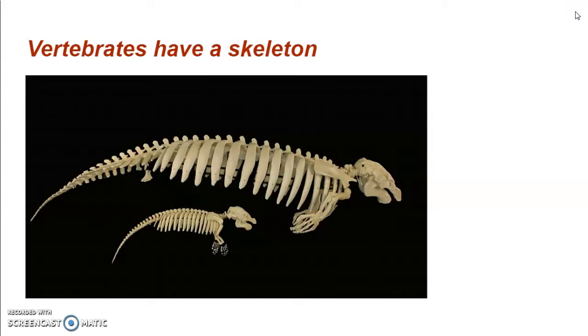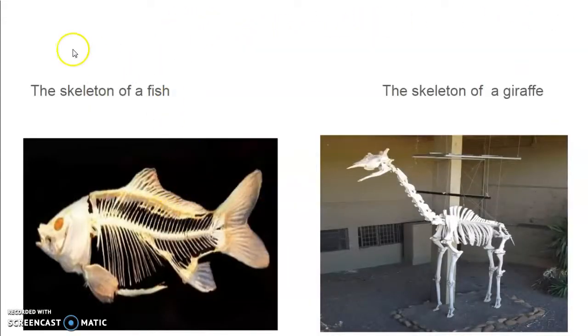These are some examples of vertebrates. This is a dinosaur. It has a skeleton. This is the skeleton of a fish. This is the skeleton of a giraffe. Look at its neck.